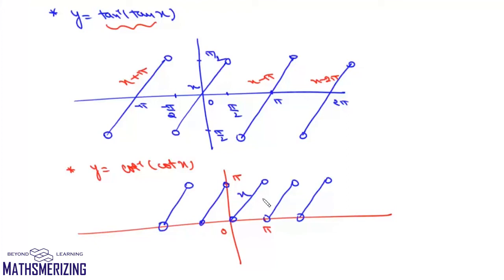Now this one will be x minus pi, x minus 2 pi, and then x plus pi, x plus 2 pi. And this is how we are going to draw the graphs of sin inverse of sin x, cos inverse of cos x, tan inverse of tan x, and cot inverse of cot x while solving the problems.